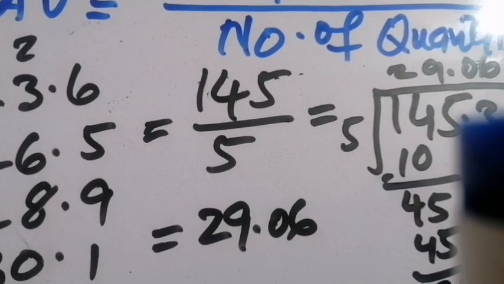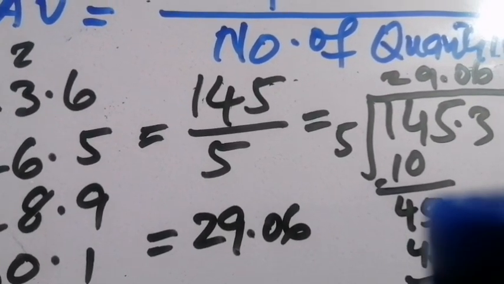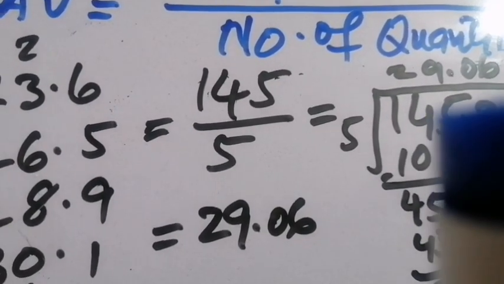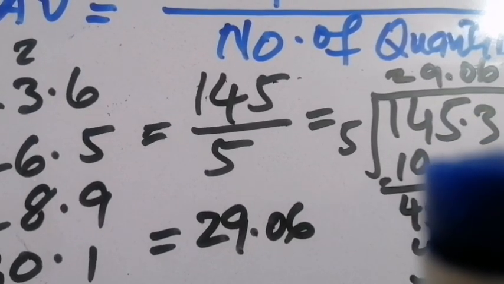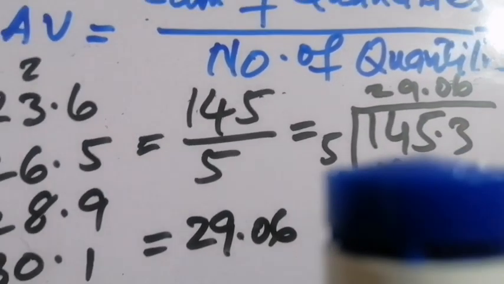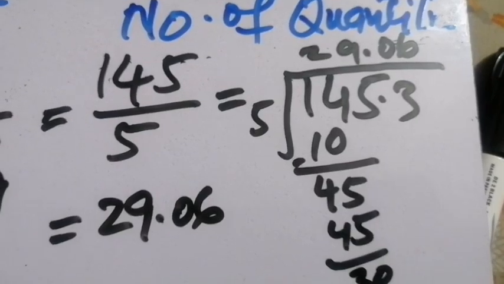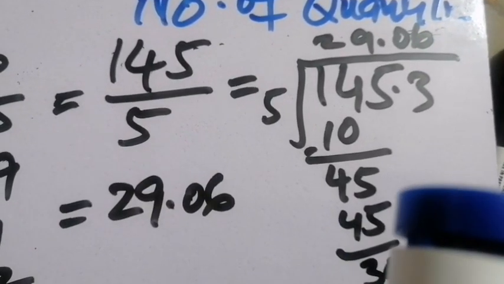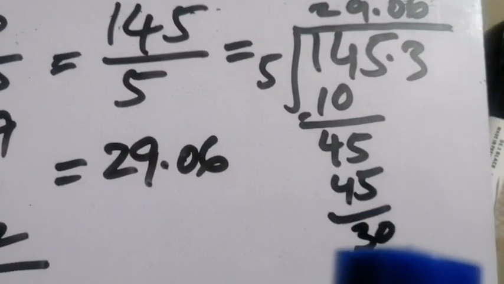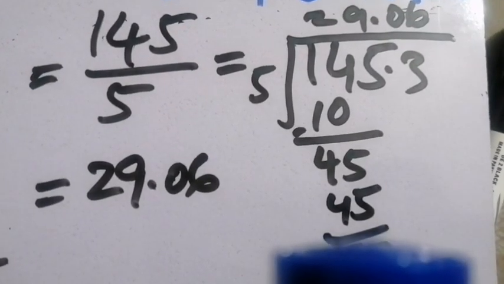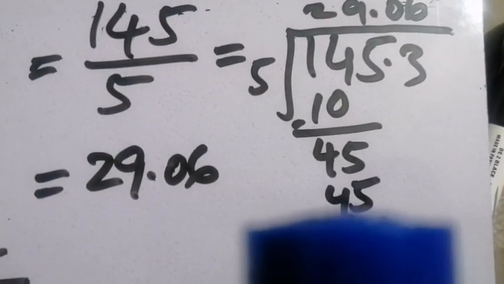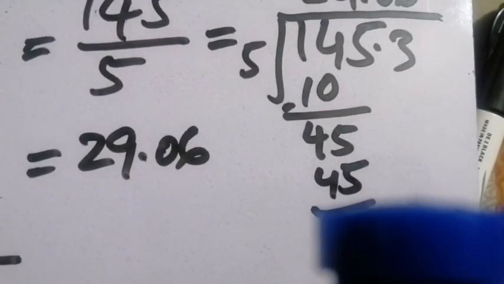So we will bring down 5 over here. It will become 45. 9 5s are 45. So when we subtract this, it will become 0.